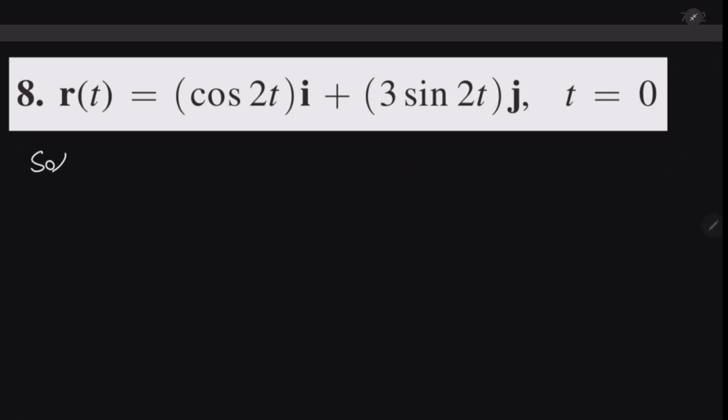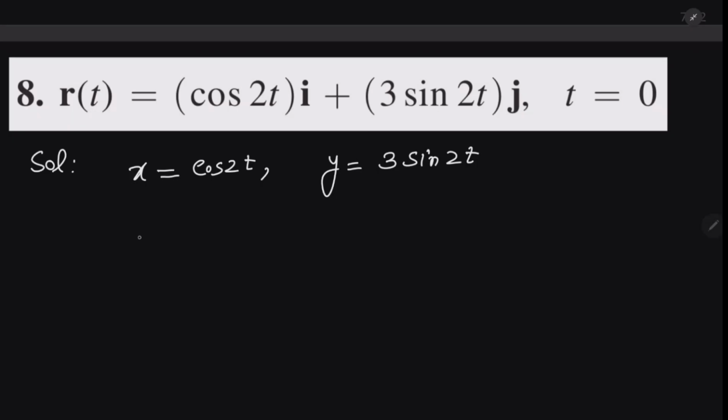Now for this part, question number 8, we identify the first component as x equal to cos 2t, and y is equal to 3 sine 2t. Okay, so what we do over here, that is interesting.